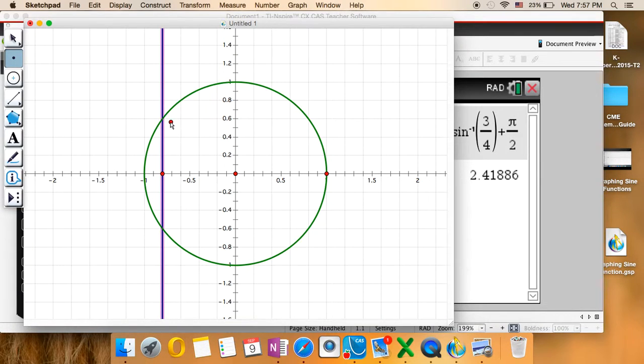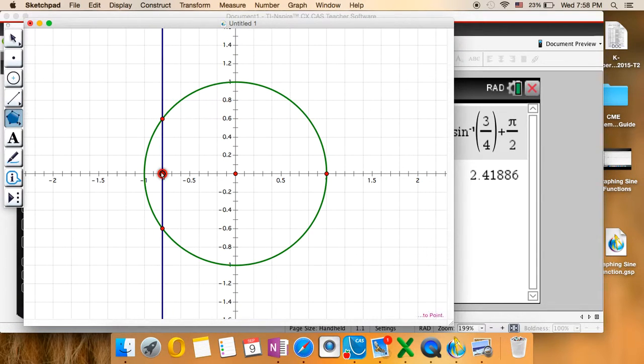And as you see, there are 2 intersection points. That implies that we have 2 solutions. So the arc length starting from here and traveling along the edge, coming up here, is 2.418 whatever.